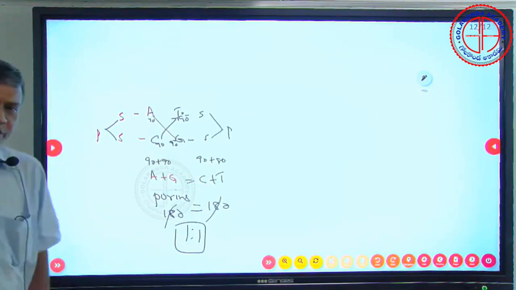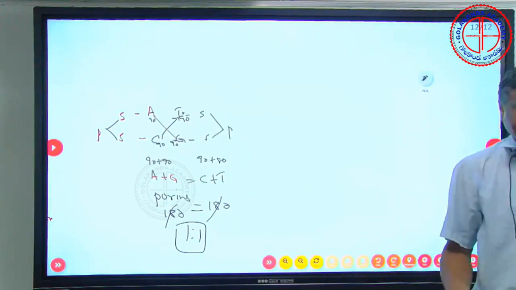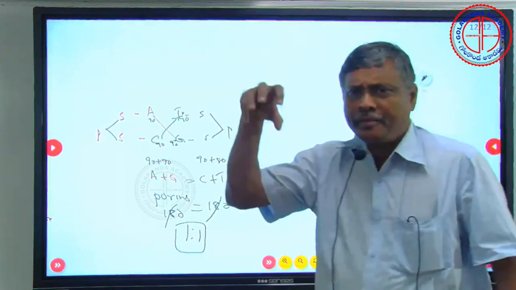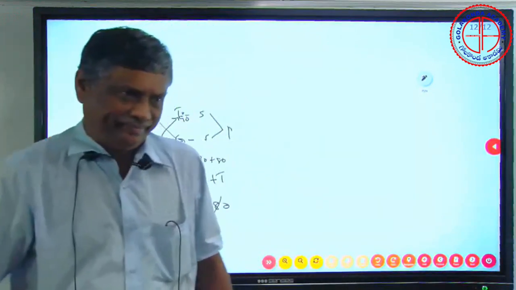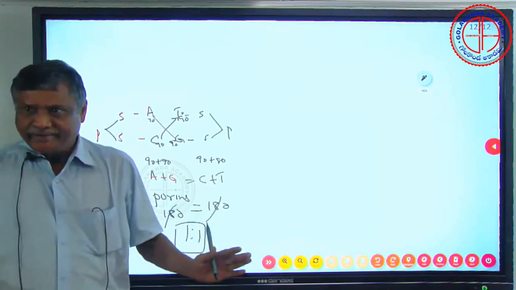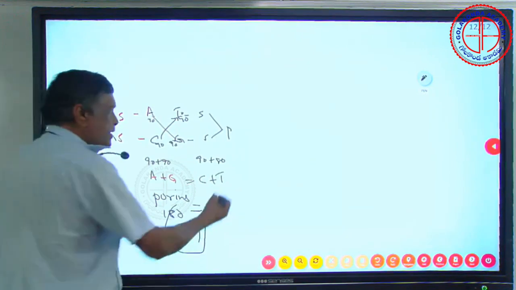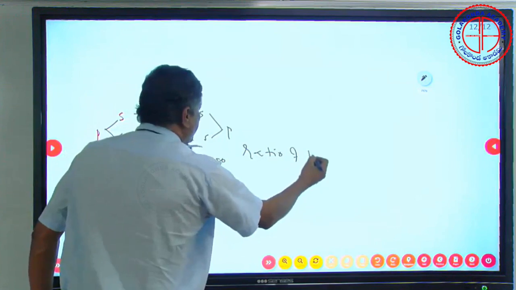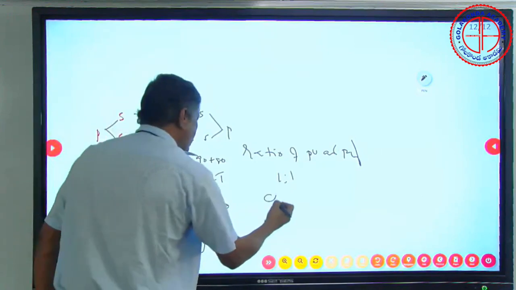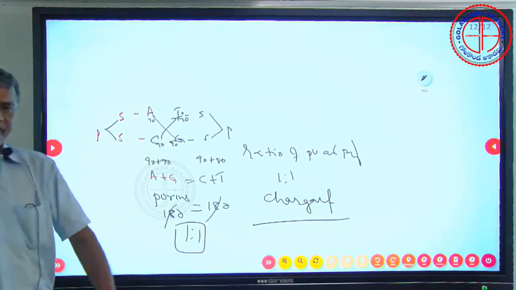The ratio in between purines and pyrimidines of DNA is 1:1, which was explained by Chargaff, a scientist. How can we prove it? Like this. So what is the Chargaff law?